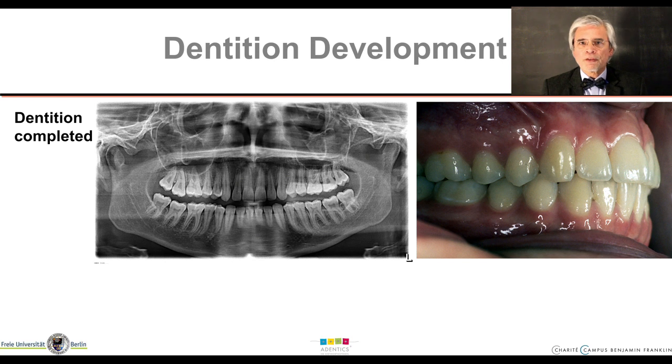Here is the complete set of teeth, which we have to show here just for the sake of completeness. It is not specifically a problem of dentition development, but I would like to point out at least briefly where we can also be confronted with different developmental defects of dental enamel.